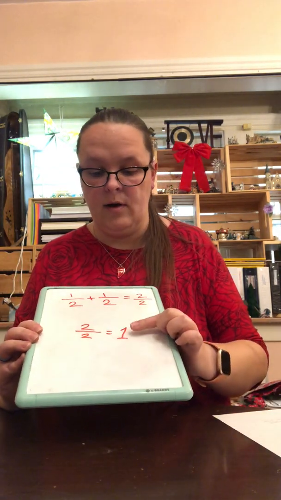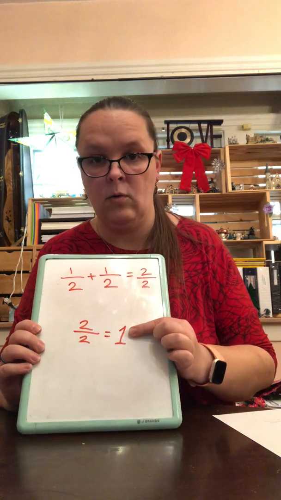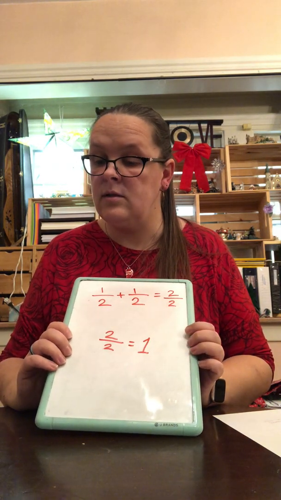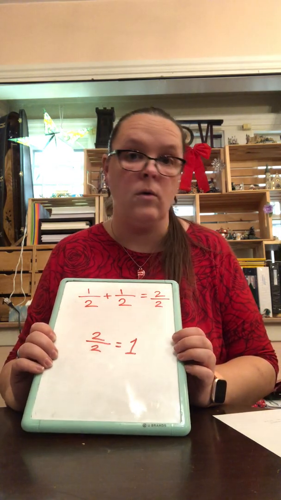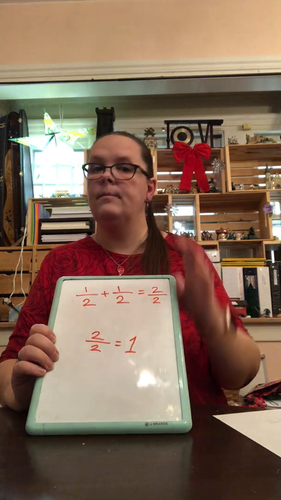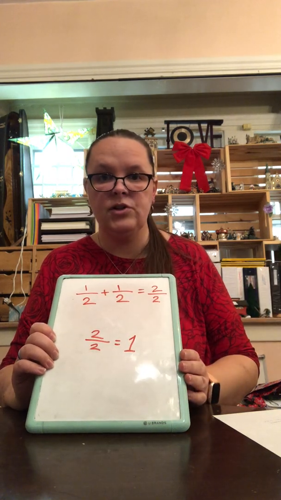You might find that with some other things, you might figure out that maybe some other numbers are equal to 1 whole, or maybe some combinations are equal to 1/2 or 1/3 or 1/4, or just see what you notice.